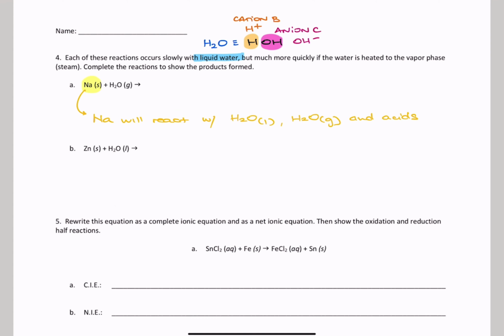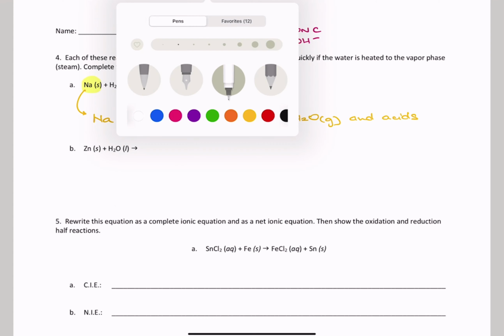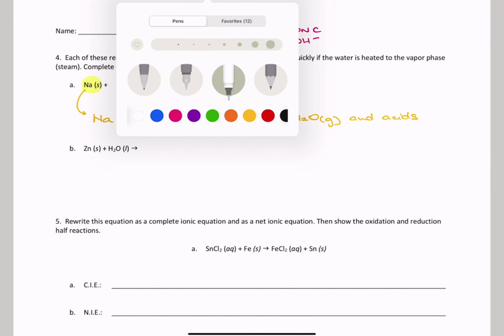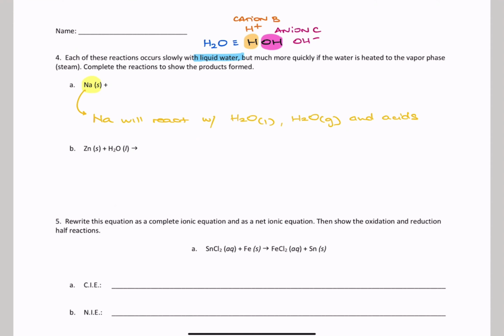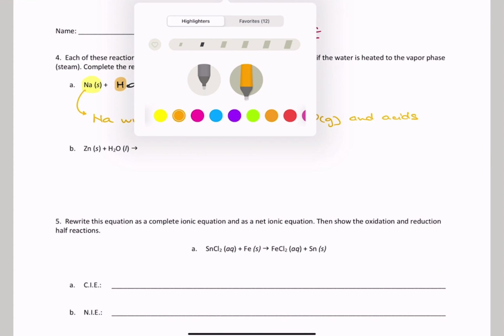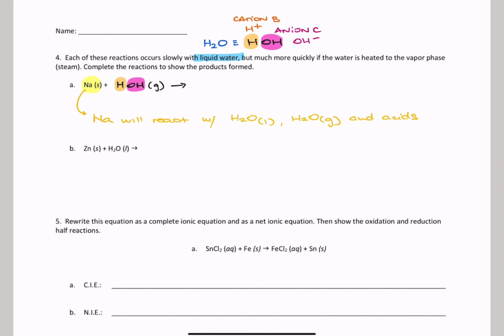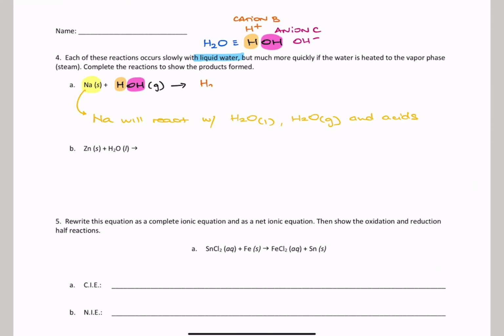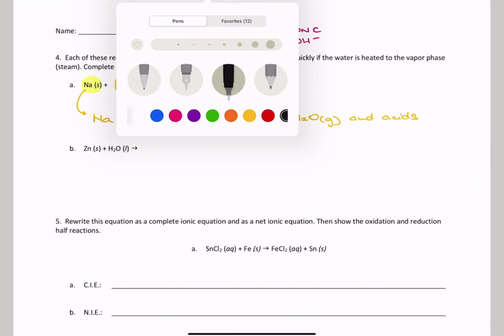So what I'm going to do is just remove H2O the way it is here, write it again like this, so you can see that this is B, cation B, and anion C. The reaction occurs, and then elemental B is formed, so H2 gas is released.